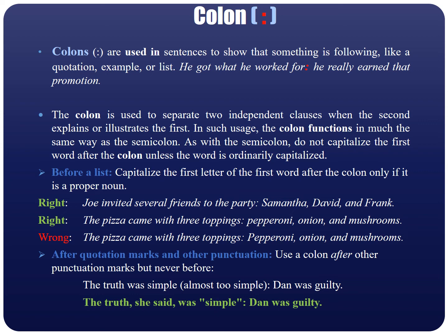In the very last example, you see, "The truth, she said, was simple" inverted commas close, colon, "Dan was guilty." The truth is a simple fact. And what was the truth? That has been followed by the colon. The truth was Dan was guilty of a crime. So you see, in this manner we use the colon in general sentences.